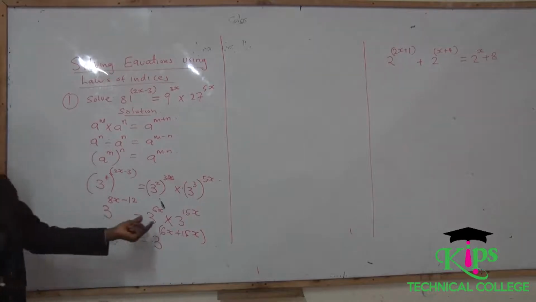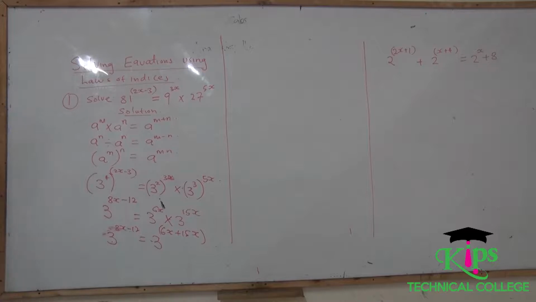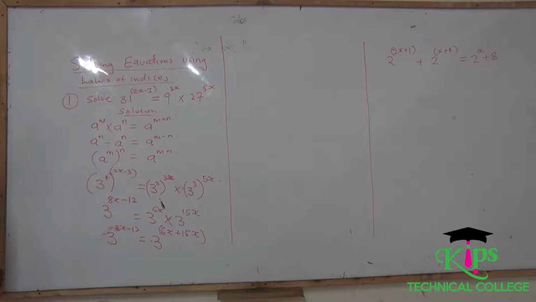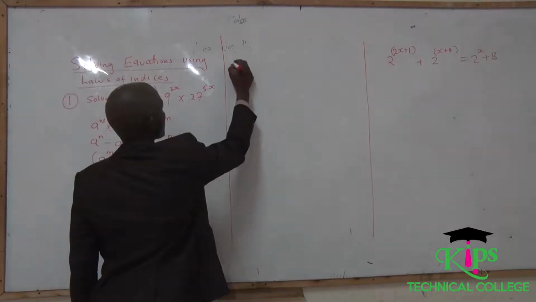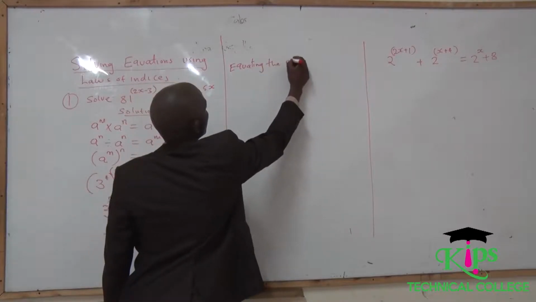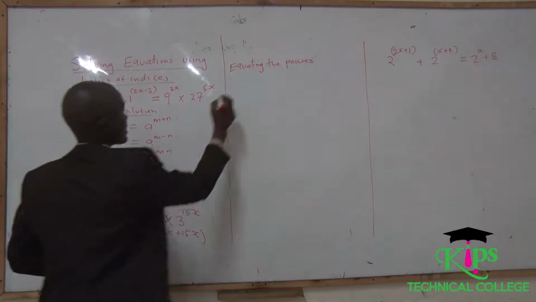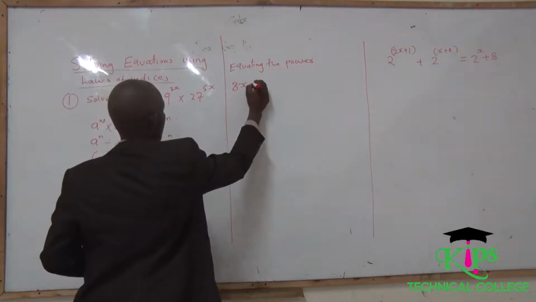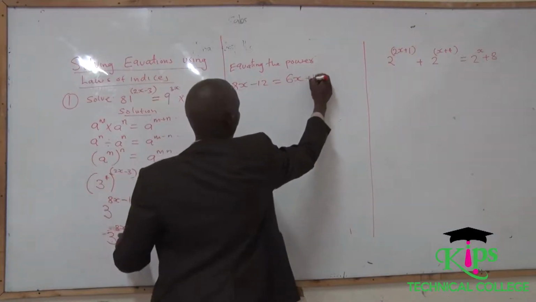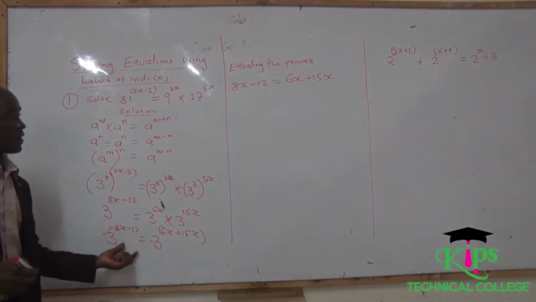After you have done that and the bases are the same, you can equate the powers. So equating the powers, it means 8x minus 12 is equal to 6x plus 15x.